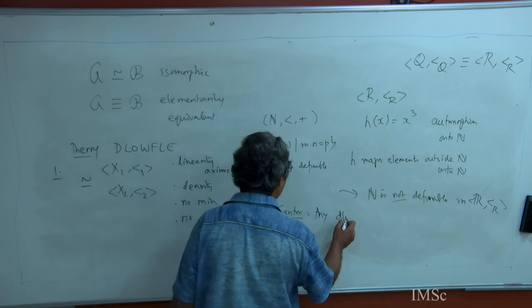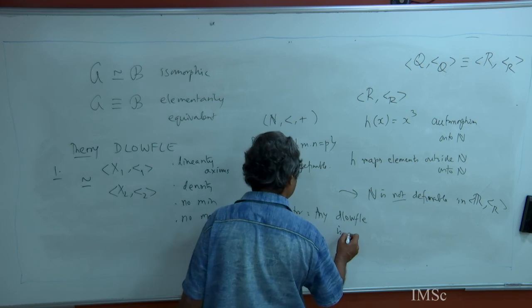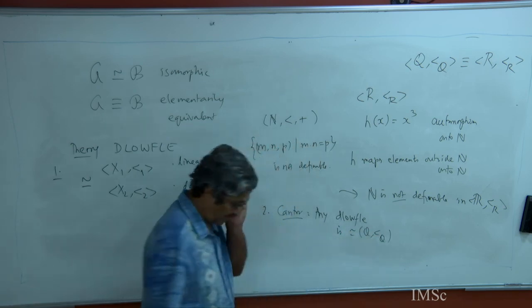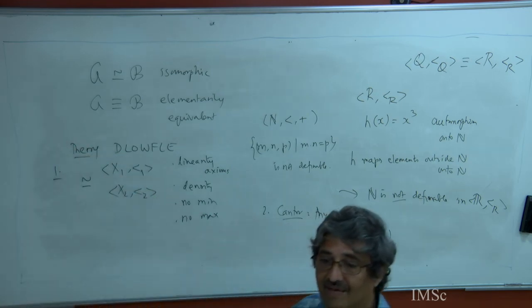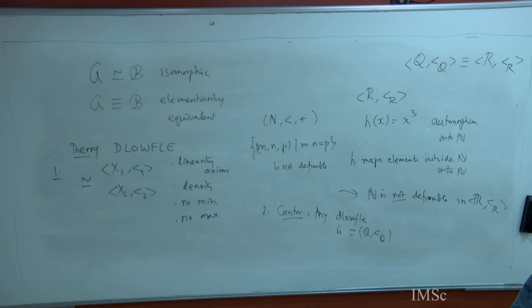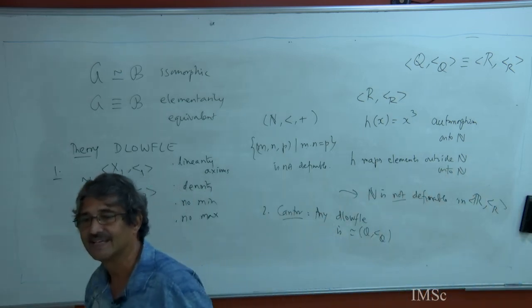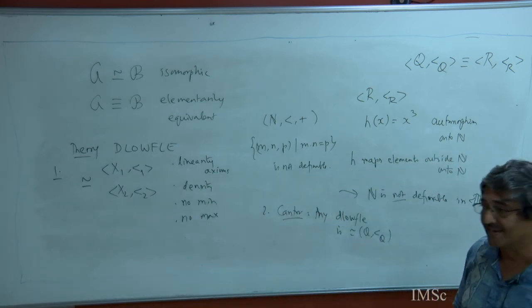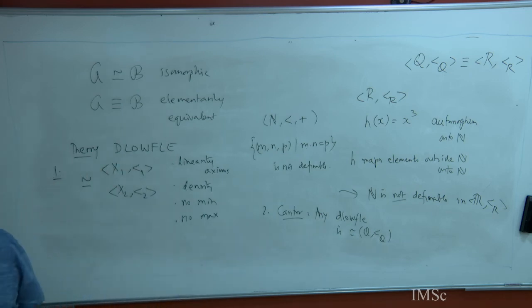Cantor's theorem says that if you give me any model, any dense linear order without first and last elements, it's actually isomorphic to the rationals. It's really a very nice statement.